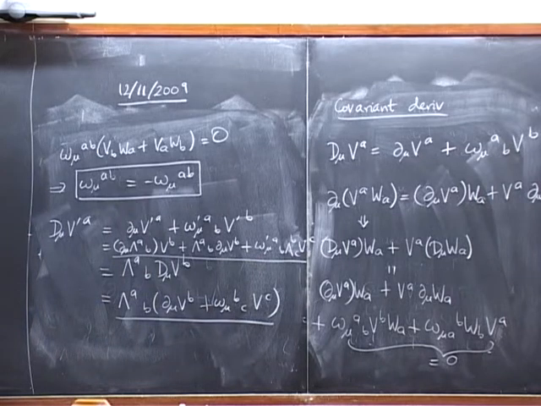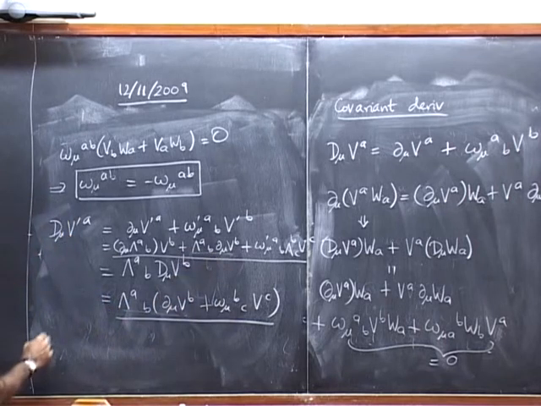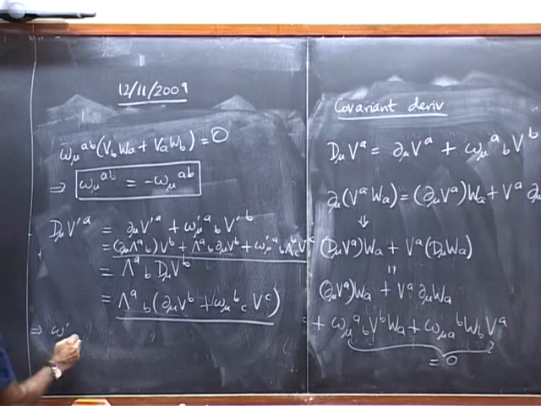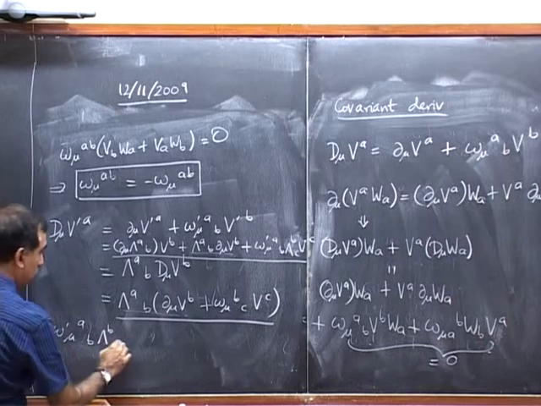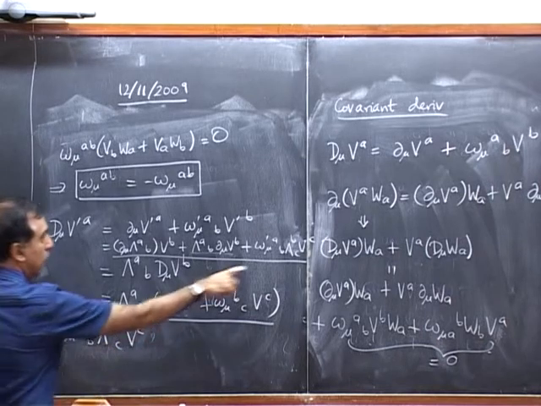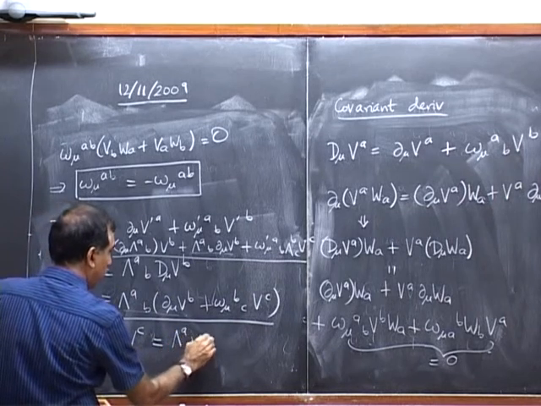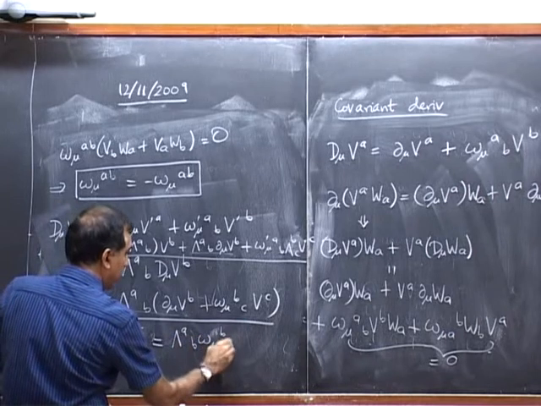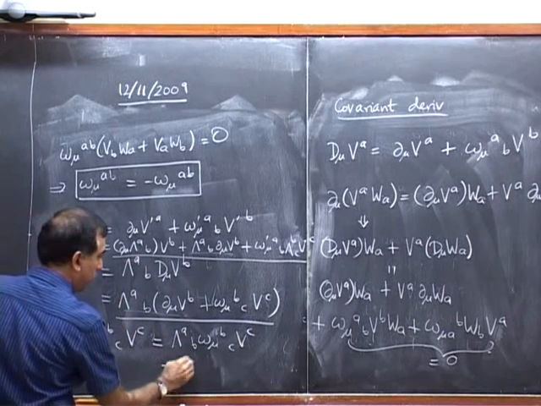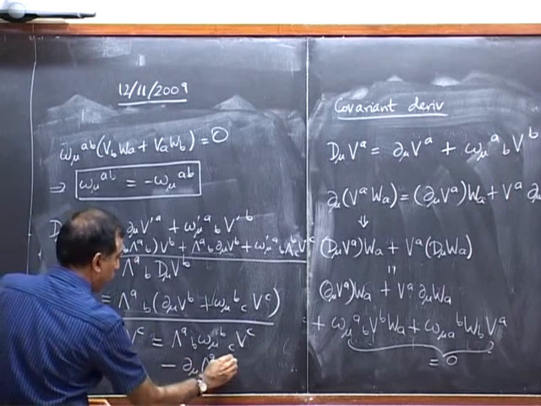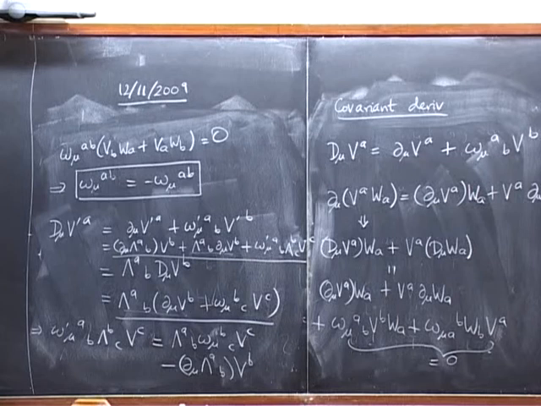So some term better drop out. I think this term drops out, this term drops out with that, and we finally end up with omega'_mu^a_b lambda^b_c V^c plus this is equal to lambda^a_b omega_mu^b_c V^c minus this term brought on the other side. Okay.